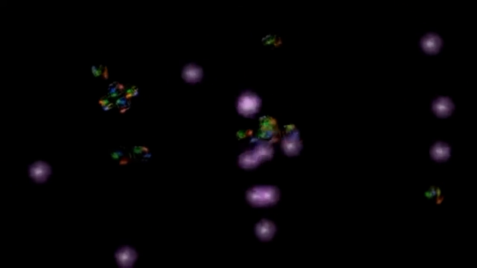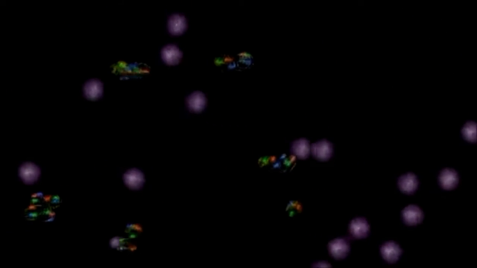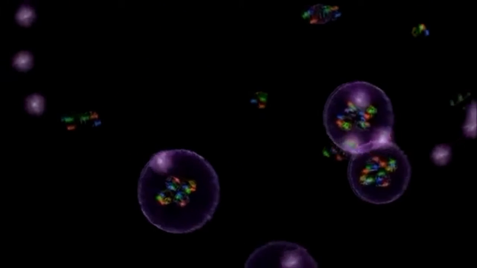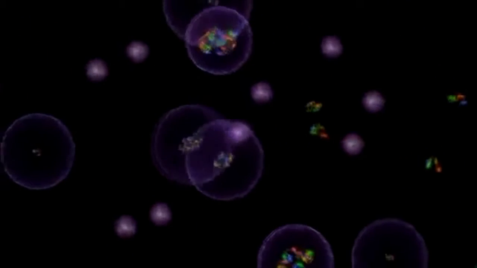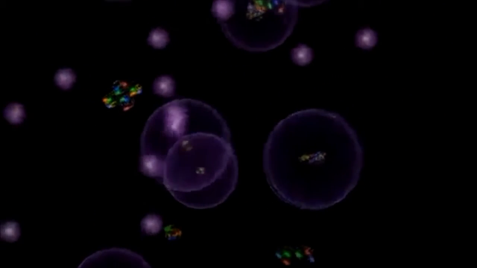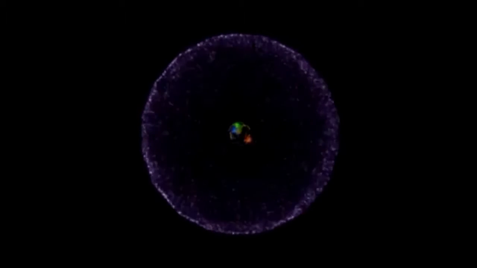Atoms are formed when the positively charged protons in the nucleus capture the negative electrons. Neutral atoms capture 1 negative electron for each positive proton in the nucleus. So, hydrogen has 1 electron to go with its 1 proton.